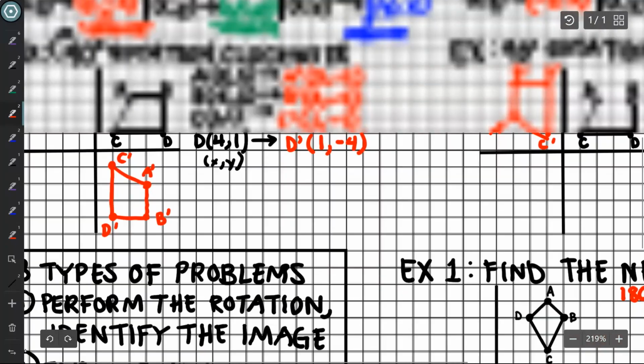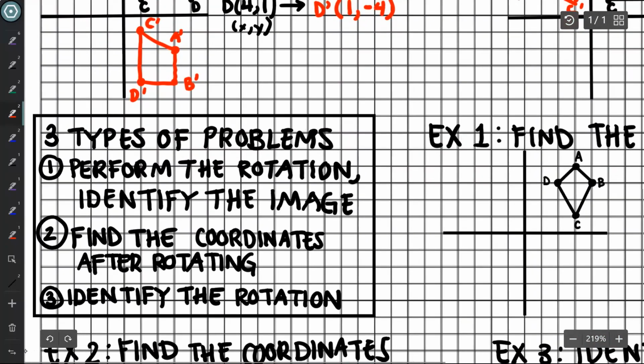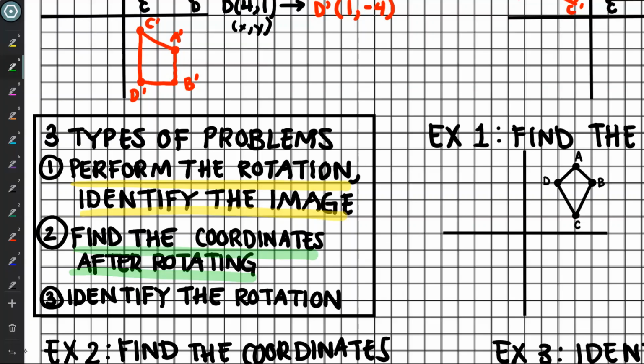Alright, so when we're dealing with rotation problems, we're going to see 3 different types of problems. First one is going to be, they're going to tell us to perform the rotation and then identify the correct image. This is how you're going to see it in your exit ticket. Second example, we're going to find the coordinates after rotating, which is kind of the first part of what we were doing in the examples we just saw.